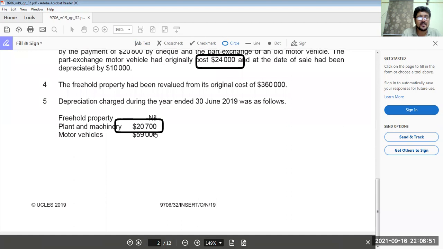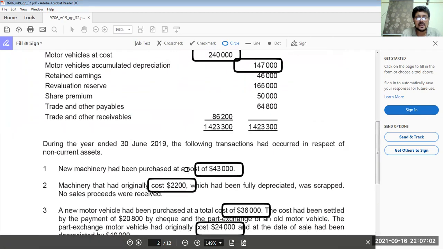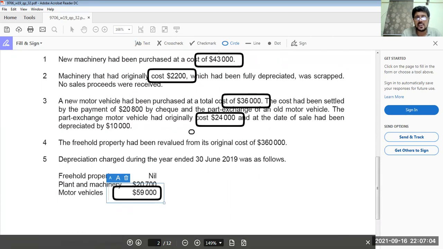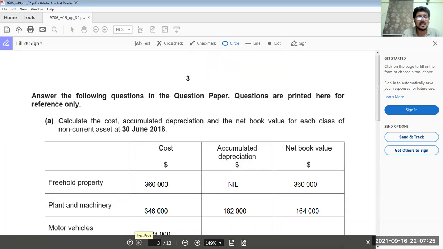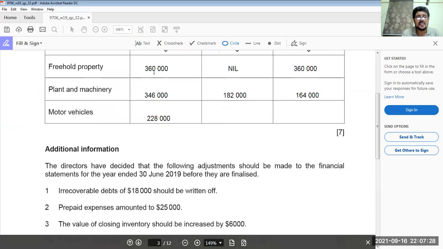It was 59,000. So minus 59,000. Done. And the motor vehicle which was exchanged, its depreciation was 10,000. When we are exchanging, the old machine depreciation is going to be removed from provision for depreciation. Now we have to add back because it was part of accounting records 1 year back. 10,000, that would make 98,000. Getting my point clear? So here we will write 98,000.